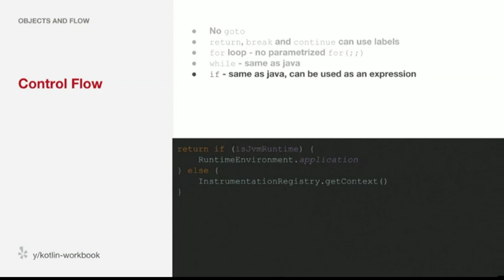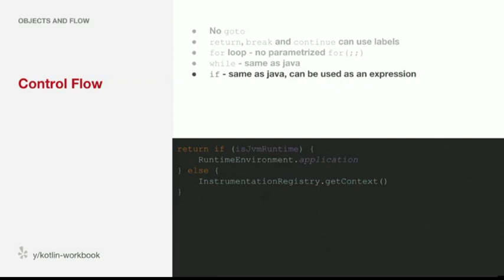And then the if statement is pretty much the same as Java, except we introduce this idea of an expression. So in Java, almost everything is a statement, which means that it just does something. It doesn't return anything. If it did return something, it would most likely be void. And so you don't get to evaluate a lot of stuff. You just call something, it gets done, and then you move on and return the value you want to. However, in Kotlin, like a lot of other functional languages, you have this idea of expressions where an evaluation block can actually return a value to its caller.